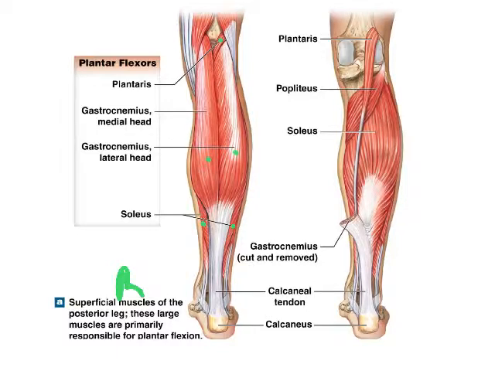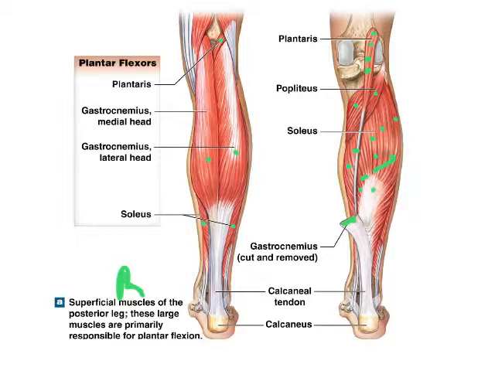As you remove that and go down to the next level, the intermediate level, you can see that the muscle's been cut there. You can really see soleus, how broad that is, and that's also going to help with plantar flexion, or kind of pointing the toes downward. Popliteus we've already seen previously. And then we're going to add another new muscle called plantaris.